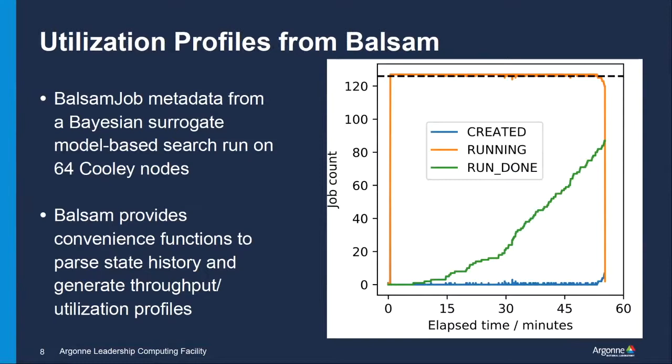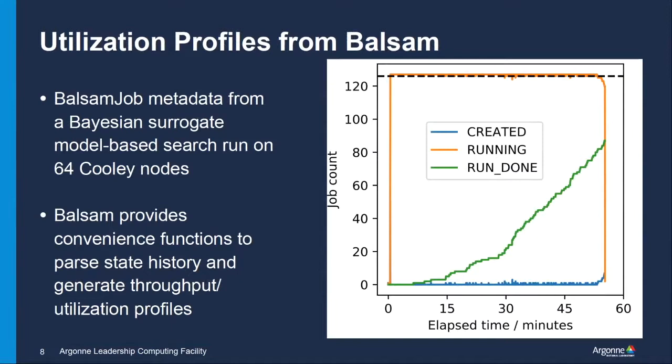And then something else that you get for free with Balsam is the execution metadata I was talking about. There are convenience functions to pull metadata and construct graphs like this. This is from a single run on 64 Cooley nodes, actually. We get the number of running jobs at any given moment in time, and this fraction out of the total number of workers that you have is basically your utilization.